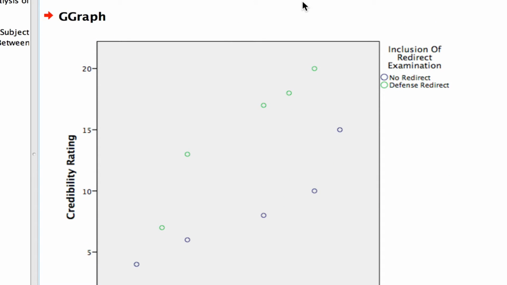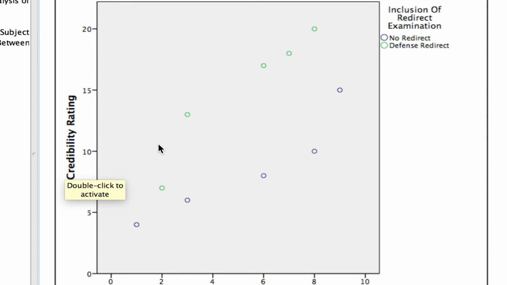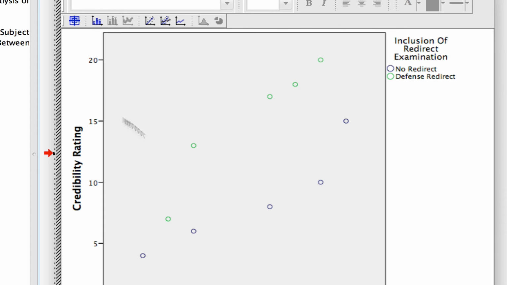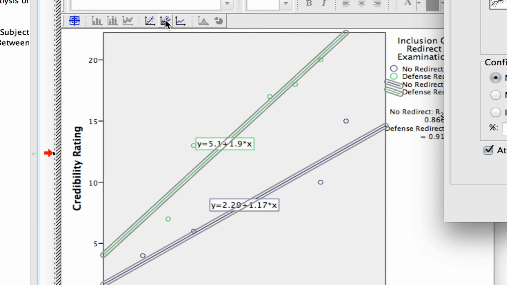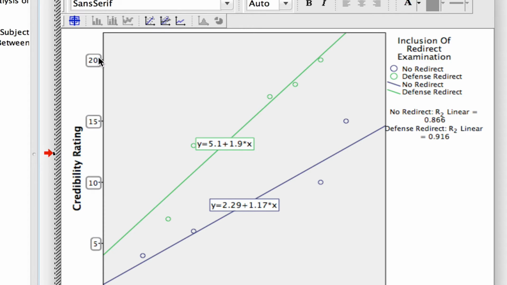And the relationships look similar here, but it's a bit difficult to see what the general trend is. So if we click on our graph, we can ask for fit lines at subgroups, and this is going to make us a regression line for each of our groups. If we look at this, we can see that the line is positive in both groups.